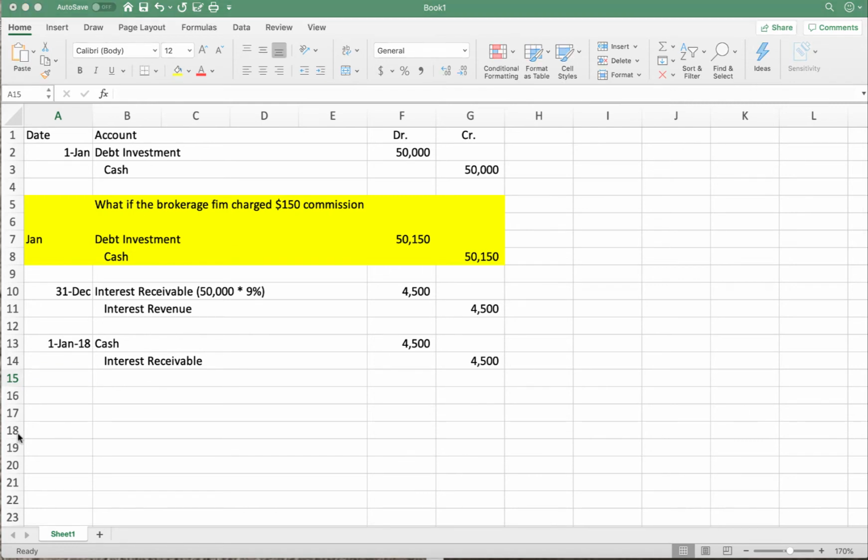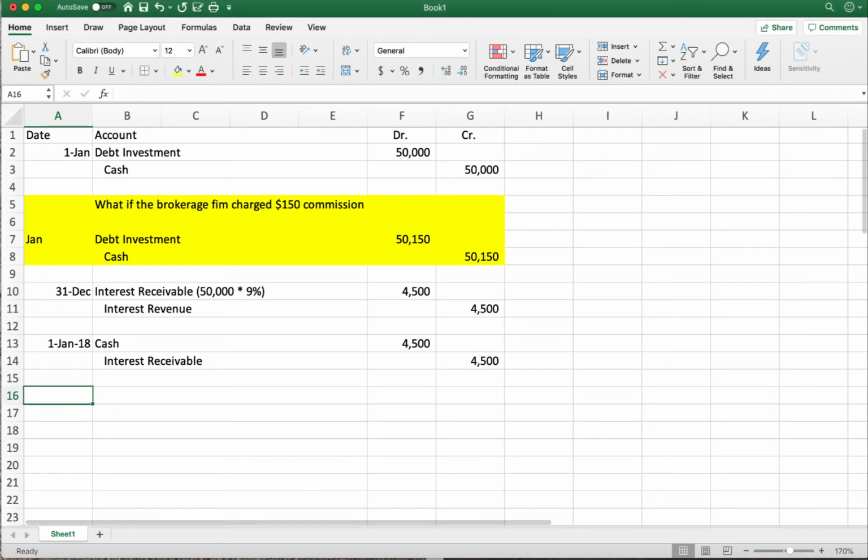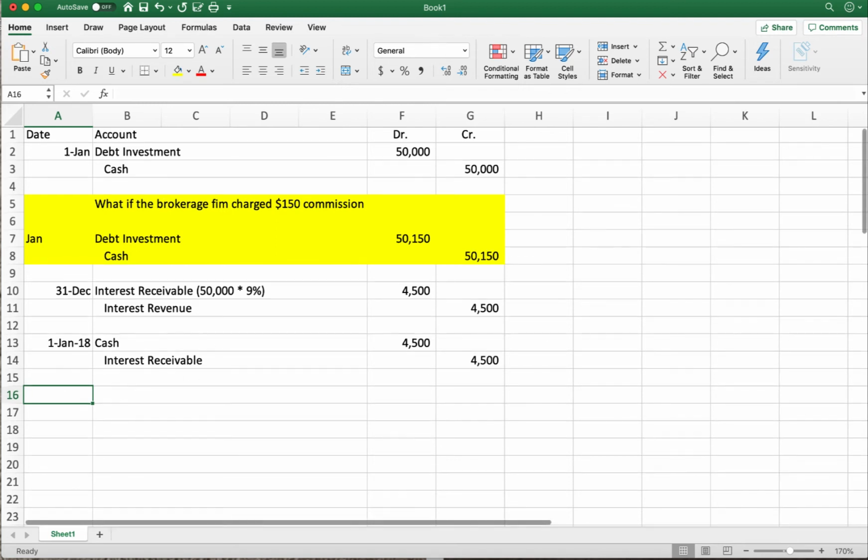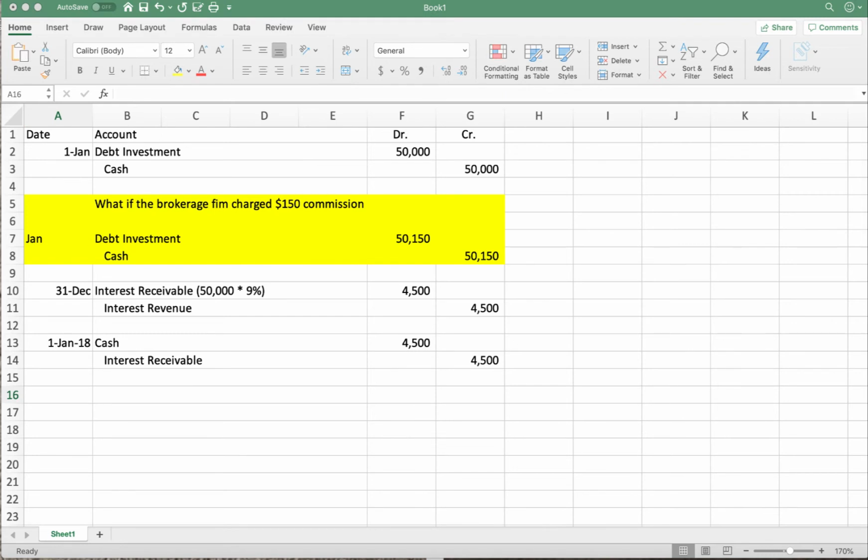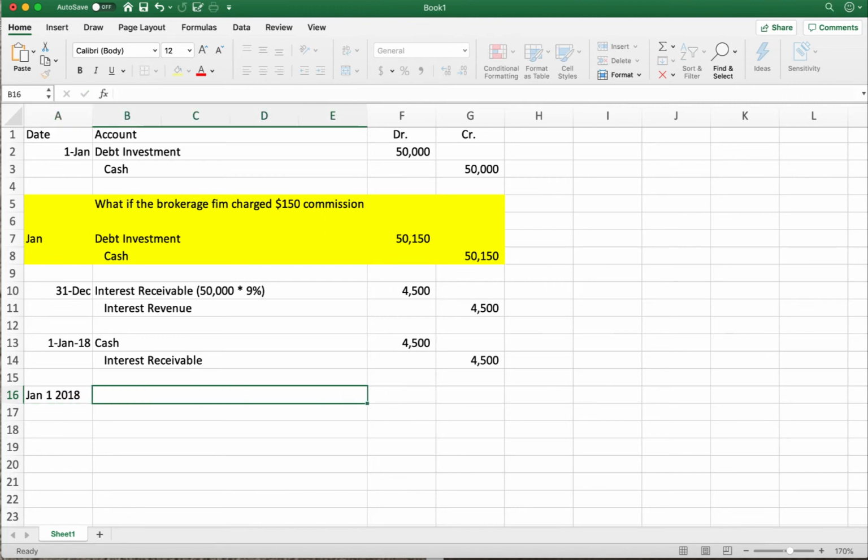Now, notice the fourth part of the problem says that we sold 30 Leeds Company bonds for $33,000 on January 1st, 2018. Okay? So we need to figure out what our journal entry is for the sale, right? So on January 1, 2018, we're going to recognize that we got cash and we sold off our debt investment, okay?